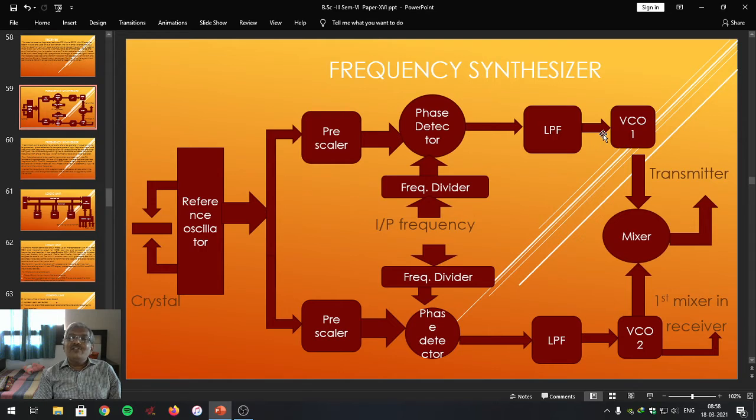This error voltage depends upon the two frequencies provided to the phase detector. One is, in this case, the frequency coming from the prescaler, and the other is the frequency coming from the frequency divider network. These two frequencies are compared, and then the error signal is generated.